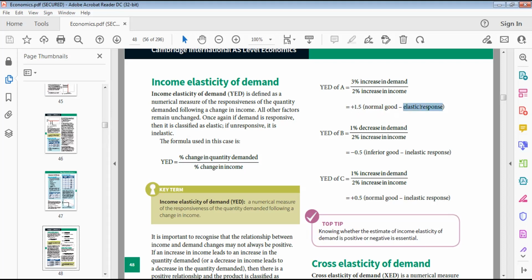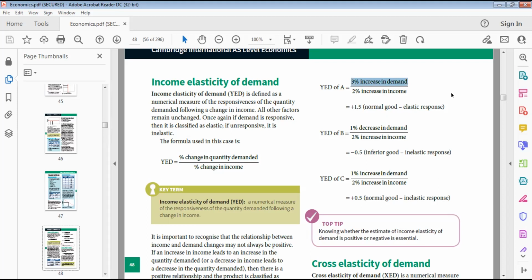That means it is an elastic response, same as price elasticity. We don't call this an elastic good, we just call it a normal good. So for normal goods, if there is a small change in income, there will be a huge change in demand.